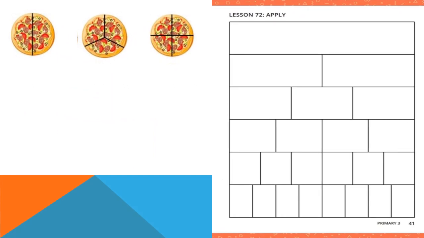As we said before, if we have the whole pizza and we divided it into 2 equal parts, each kid will take 1/2 here and 1/2 here. So the whole one contains 2 halves. They are 2 halves, okay?